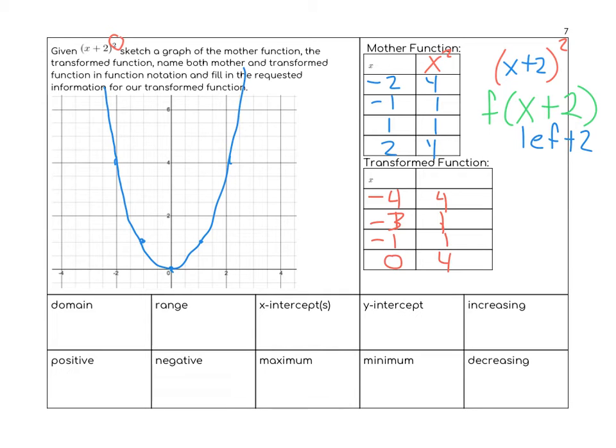So literally what we're doing is we're taking each point of our graph and shifting it 2 units to the left. And I am misreading my graph. So I'm going to erase that with my eraser because I can. That one's going to go there. This one is going to go there.